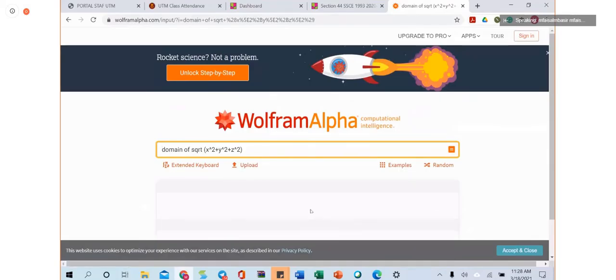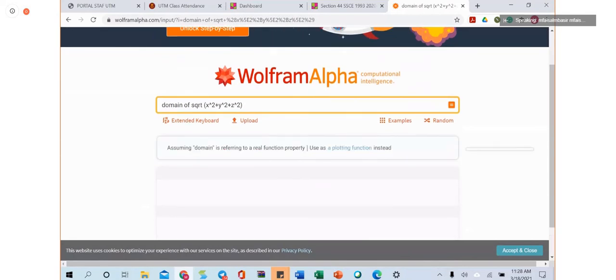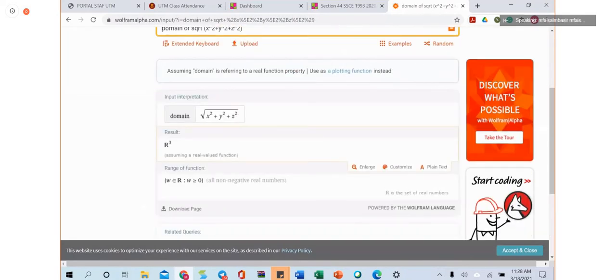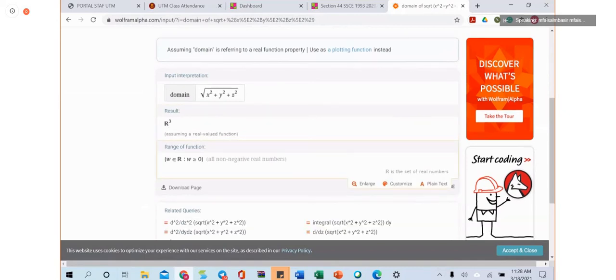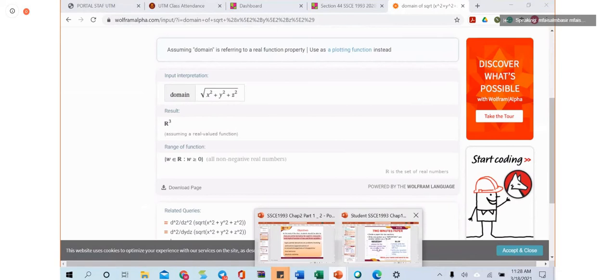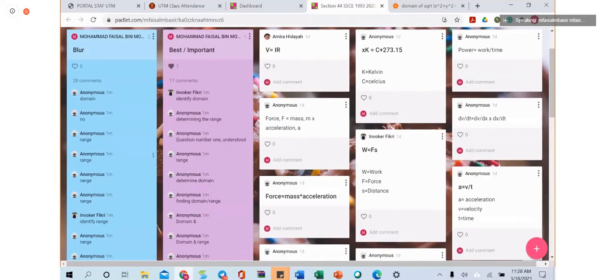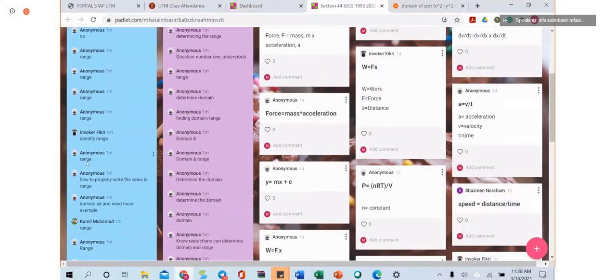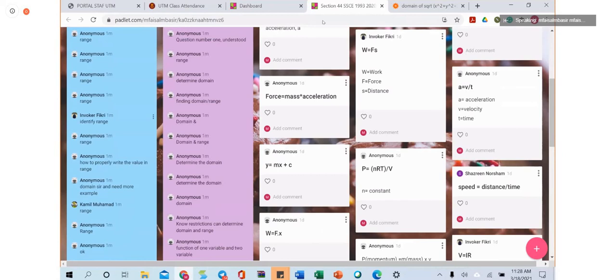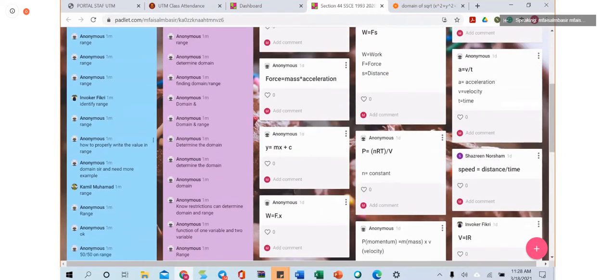You see here, the domain will be R, which means infinity to infinity, and then your range is more than 0, but you have to know what is behind that. So you have to know the meaning of that. That's why you use tools that can help you. I know range is a little bit more difficult than domain.